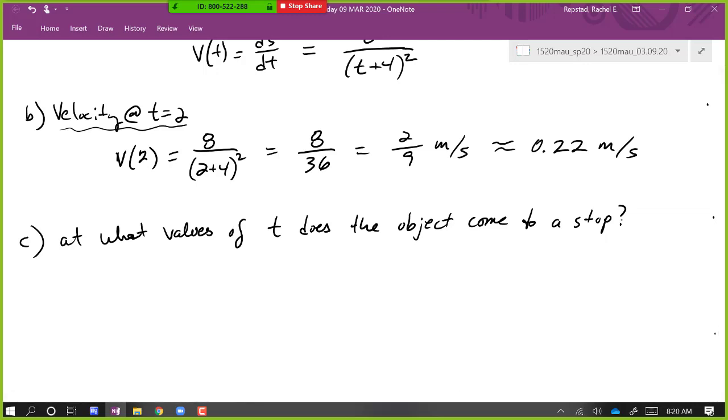So what do we know for sure about this when the object is stopped? We have a displacement function, we have a velocity function. If we're interested in when this thing stops, what do we know for sure about one of those functions? The velocity is 0. Yeah, so we want to set v equal to 0 and solve for t.